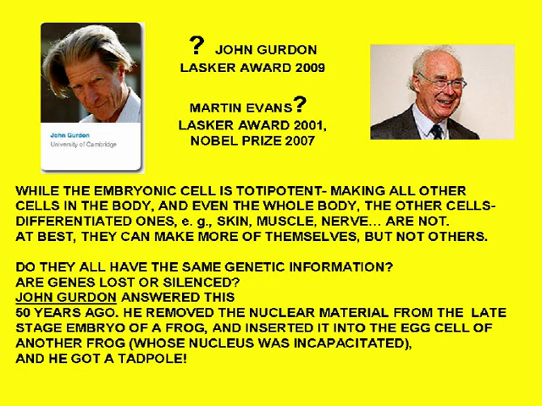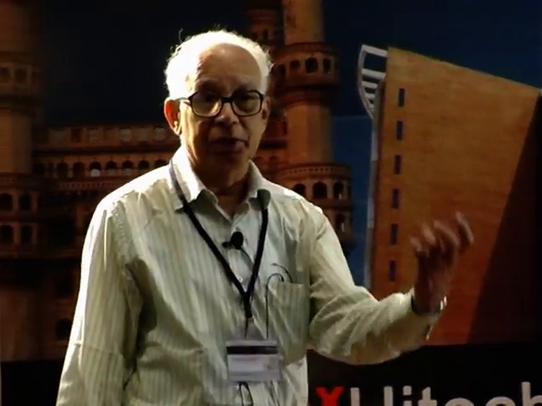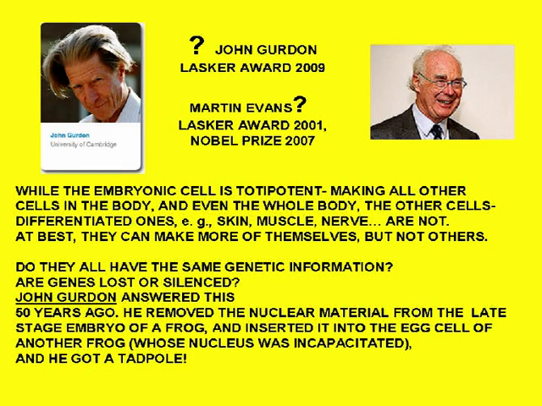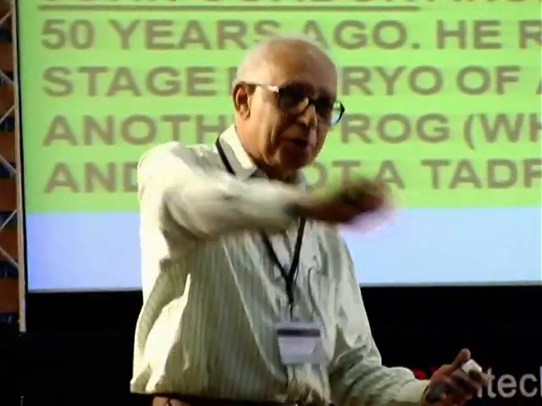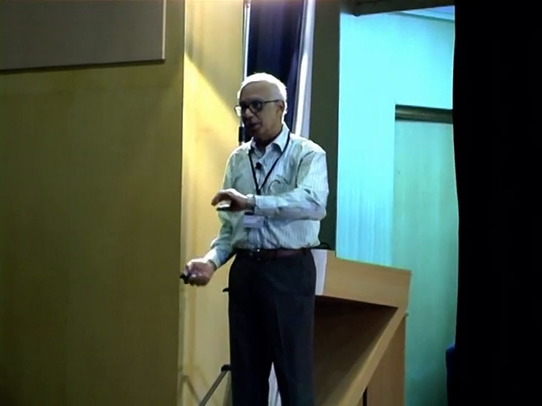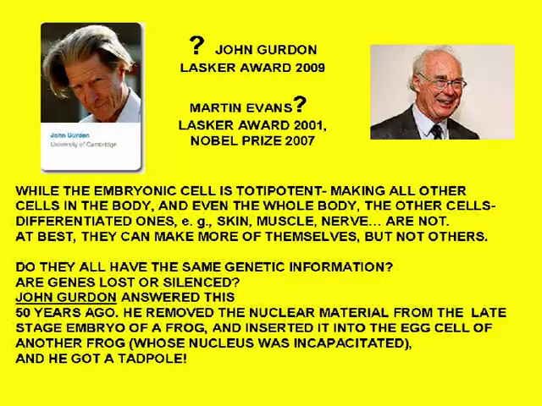So what he did was, he removed the nuclear material which contains all the genetic information inside a cell from the late stage embryo of one frog, took the egg cell of another frog, removed the nucleus from there, put this in there. In other words, it's a donation of the genes of egg A into the genes of egg B.